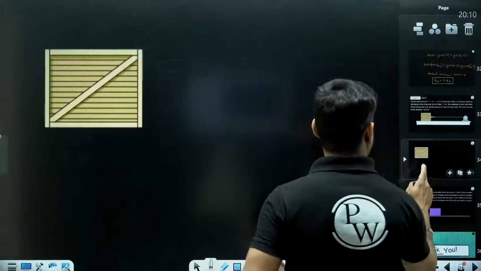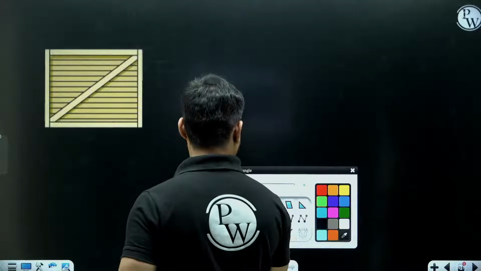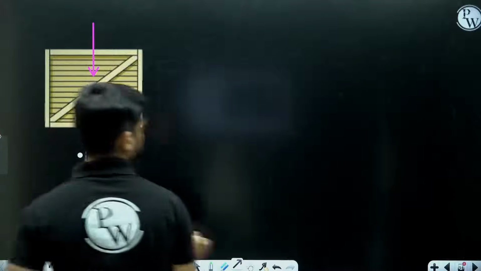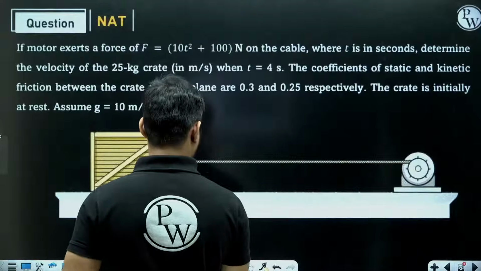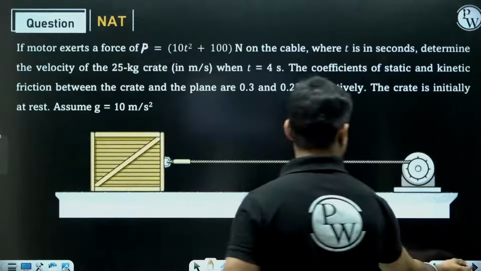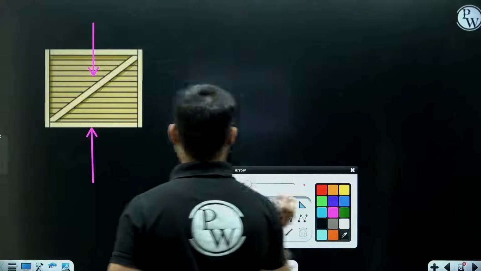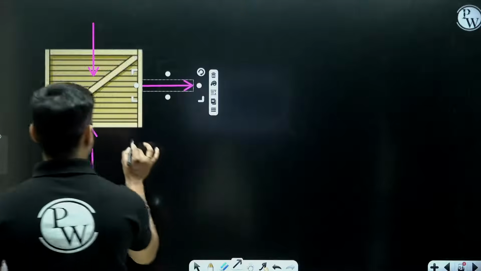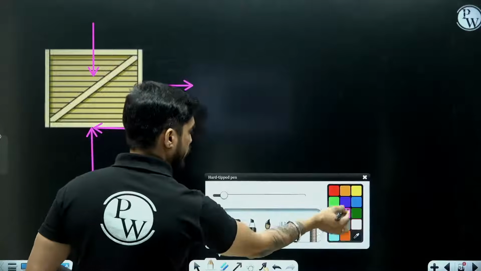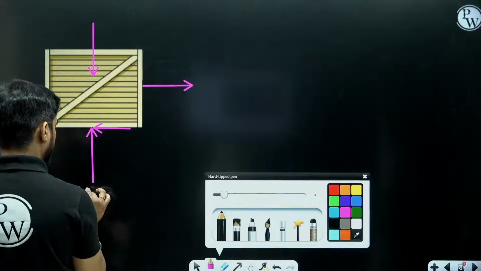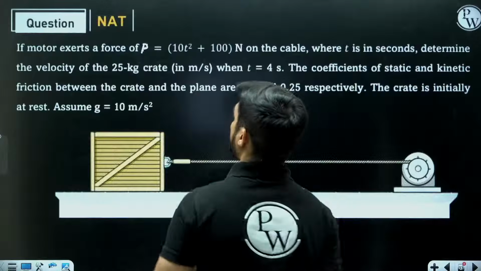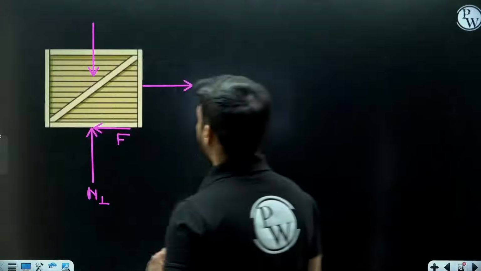So we will first draw the free body diagram of the crate. Now let's write this force as P, because F is the friction force. So you are applying a force P here, and this will be the friction force. Right now you don't know whether the crate is moving or not moving, so right now you will write the friction force as F. What is the weight of the crate? 250.